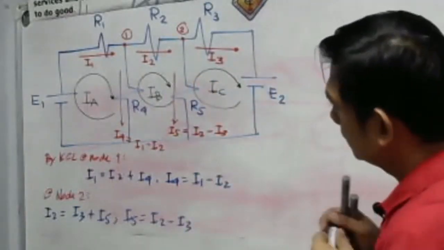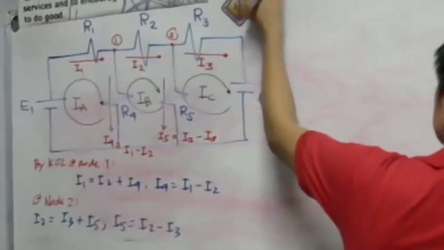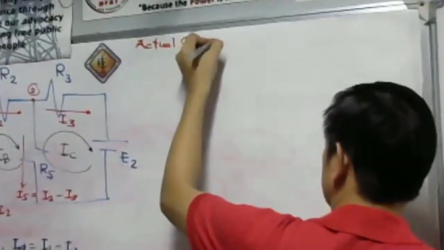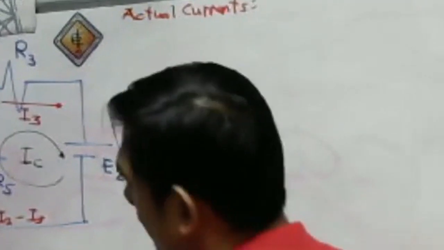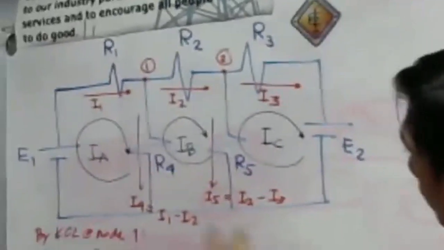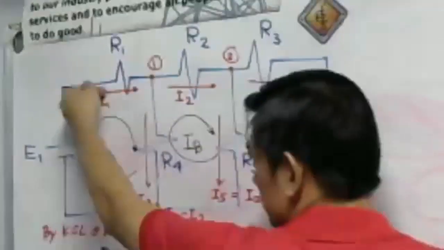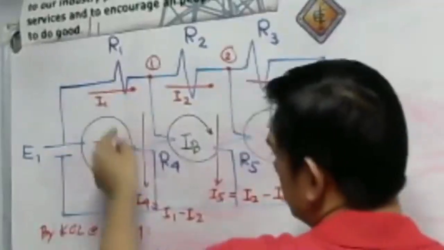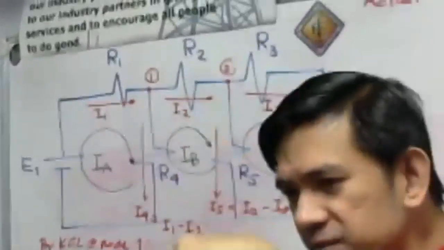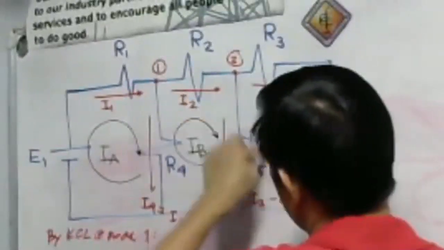Please take note. Let us take a look at our actual currents. Our I1 is going to the right. I always assume our circulating current to be clockwise in direction, so this is clockwise, this is clockwise, this is clockwise.